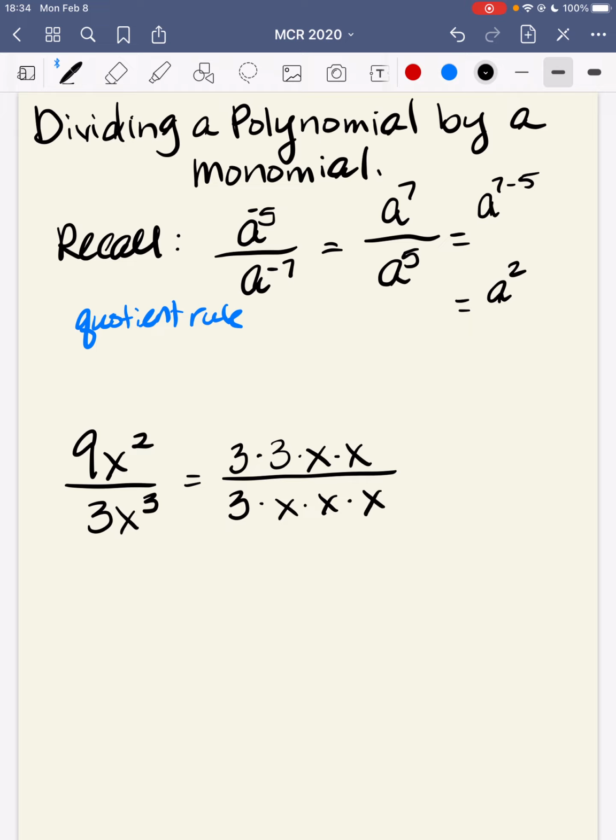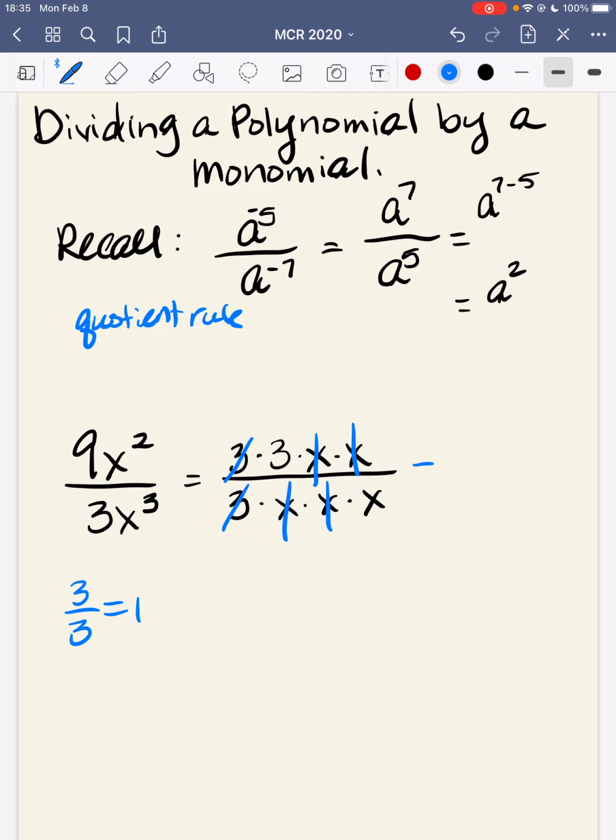Of course, there are other ways to look at this, but let's look at it how we've been looking at negative exponents. I can cancel 1 for 1. I can cancel a 3 with a 3. Remember, 3 divided by 3 is equal to 1. Same goes for our x's. I can cancel an x here with an x here, and an x here with an x here.